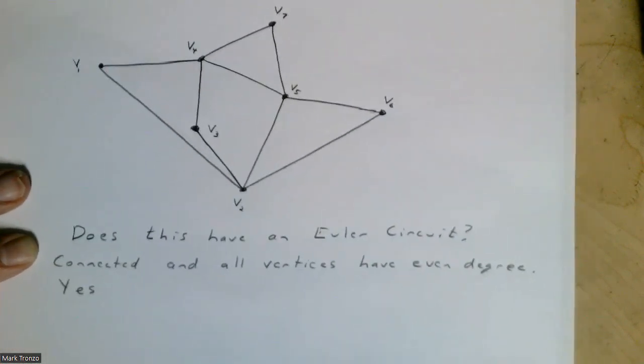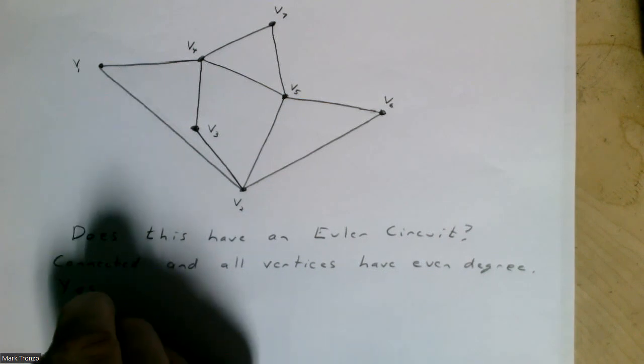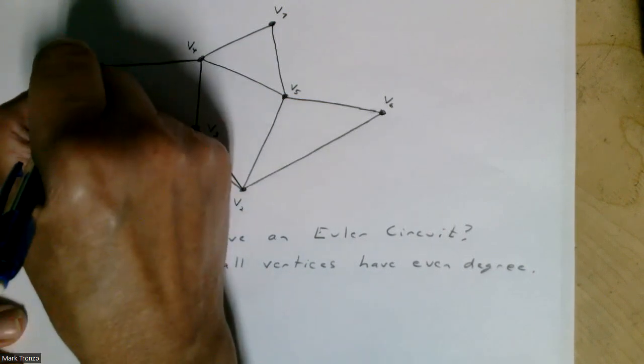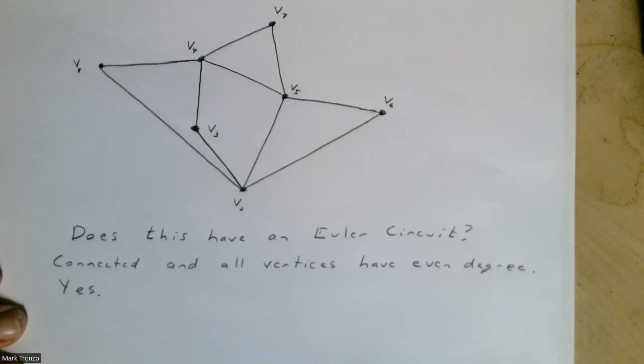So now let's see, can we find the Euler circuit? Now there's probably more than one way of doing this. Let's see if we can find one. Let's try this.